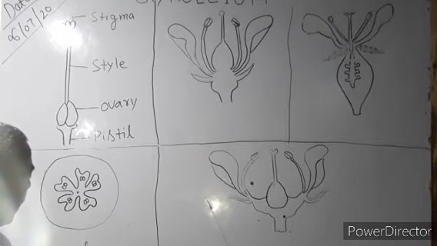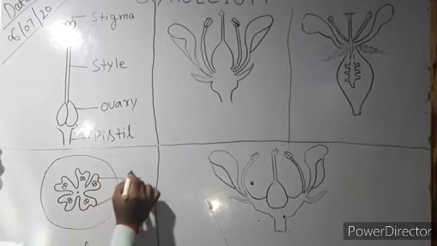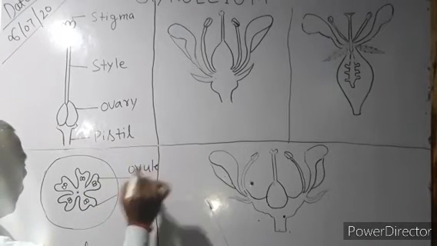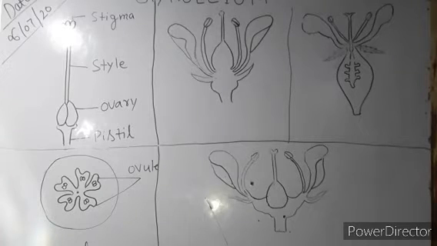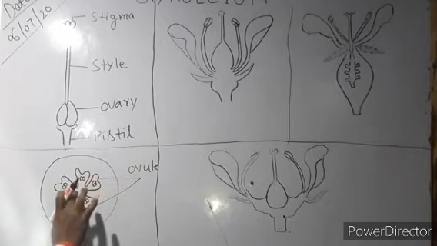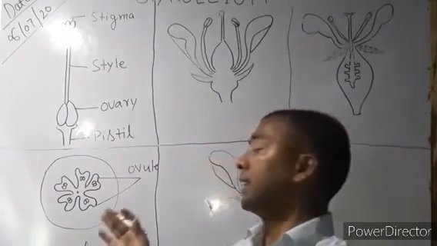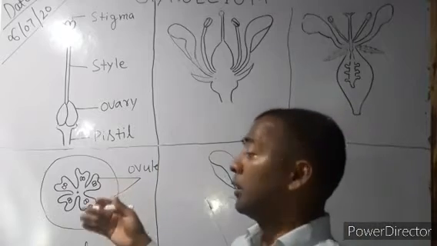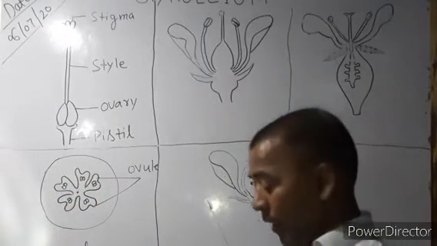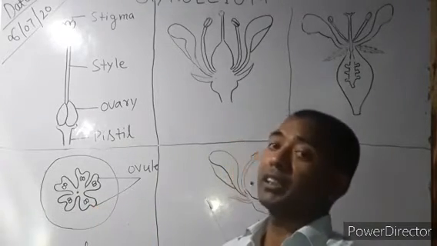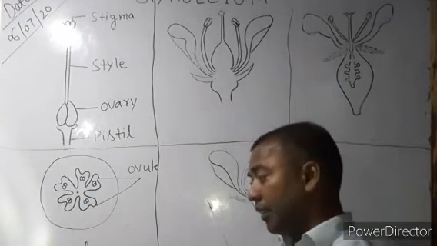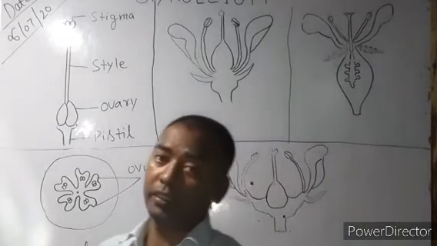This is nothing but the ovules. Inside the ovary we find the ovule, the innermost part, and in future this ovule changes into seed, which is responsible for the next generation plant.